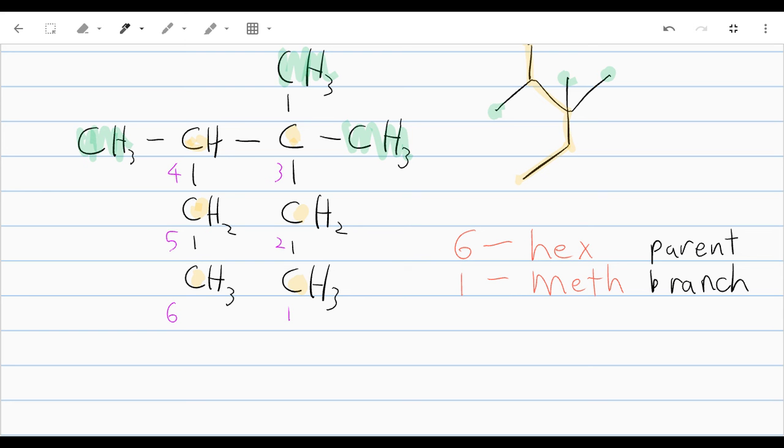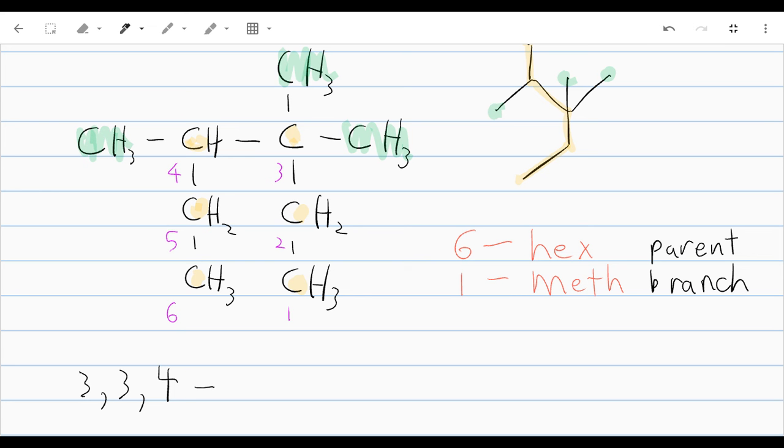We have 2 branches at carbon 3. So we're going to write 3, 3, and then 1 at carbon 4. Numbers of the same type go with the same branch. We always separate them by commas. Whenever we transition from numbers to words, we add a dash.